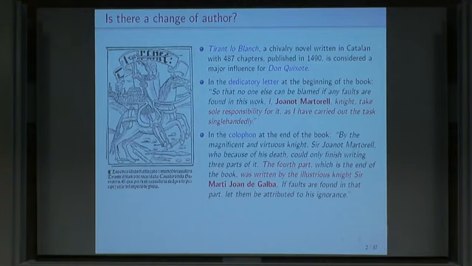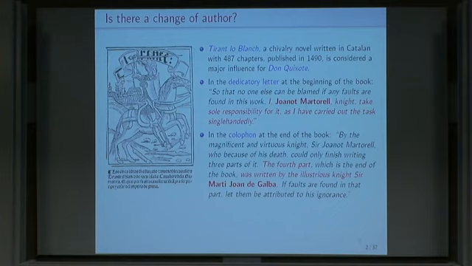In a scene about burning books, the priest referred to this book, Tirant lo Blanc, to be the best book of its kind in the world. That is well accepted to be the preference of the author of Don Quixote, Cervantes.